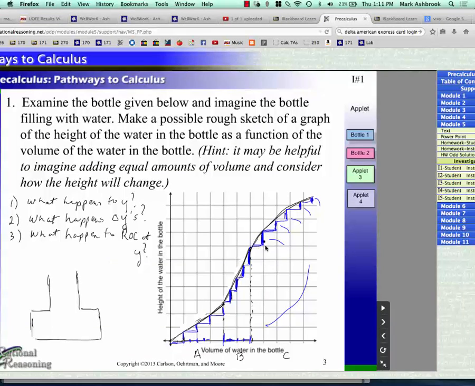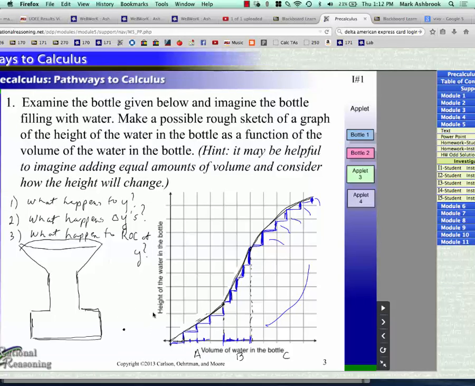And then what about in this last part? So for equal increments of water, we have decreasing changes. What's that going to do? Wider. Yep, it's going to flare out, right? So everybody has a bottle like this, right? So if we were comparing these two quantities, height versus volume, that's what the bottle would be.